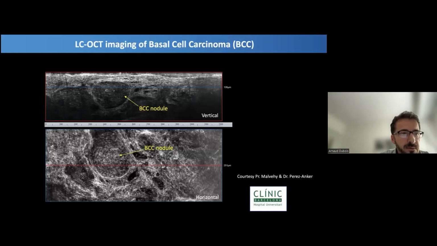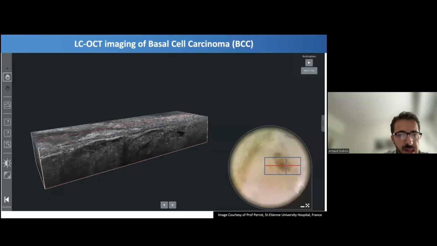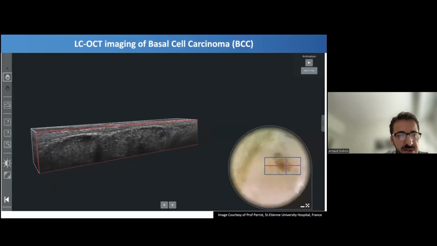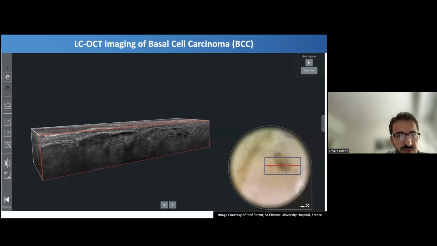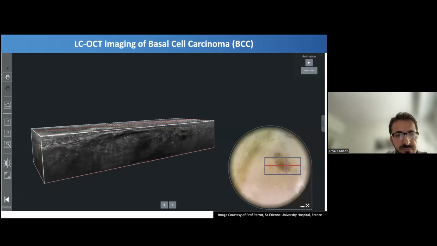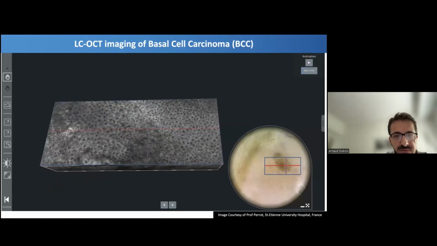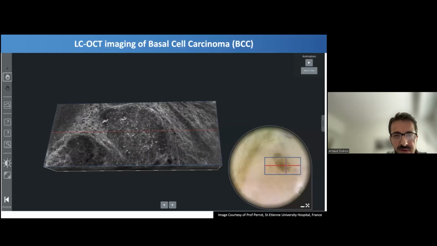Here are images of a basal cell carcinoma, a BCC. A nodule can be seen on both the vertical view and the horizontal view. And with the 3D image, it's possible to observe the carcinoma from different angles, to navigate through the skin, as you can see.